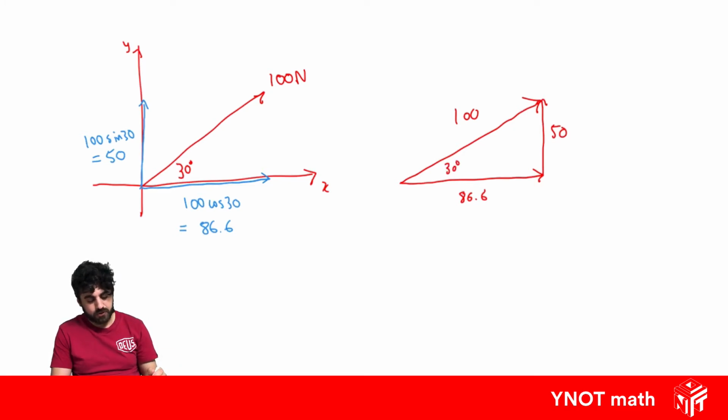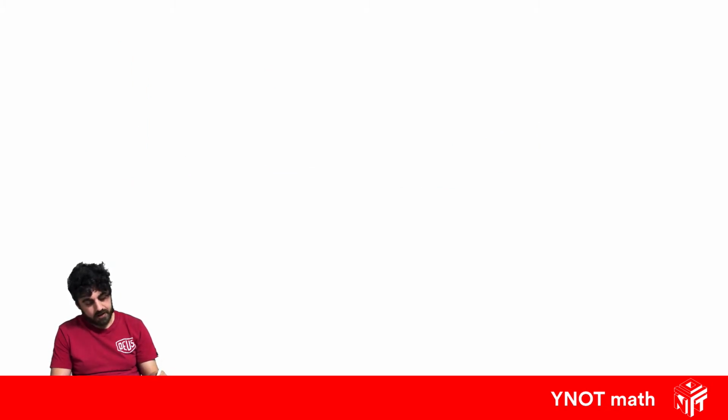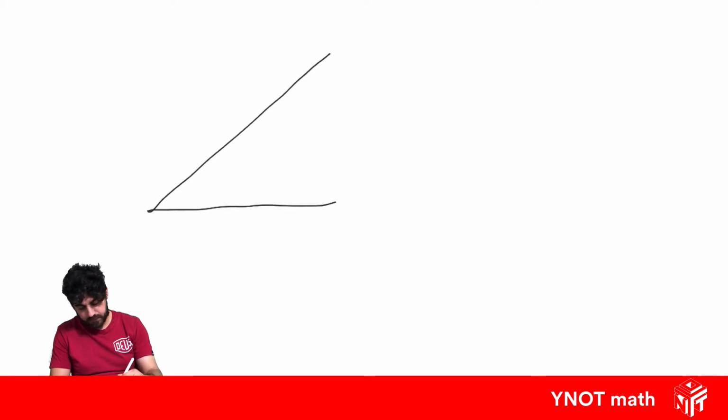And it's much more useful to split up the components in dealing with vectors in these real-world situations. So let's have a look at an example. Let's go ahead and draw in an incline. Say this incline is on a 30-degree angle, and there is a box on the incline.